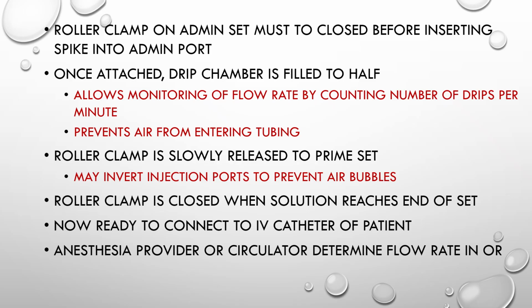Now, anesthesia providers or circulators determine what that flow rate is. So again, you can monitor it if it's not digitized by counting the drips, but the actual knowing what the rate should be is based on what the anesthesia sets. And those nursing personnel in pre-op and post-op areas are going to be watching over that.